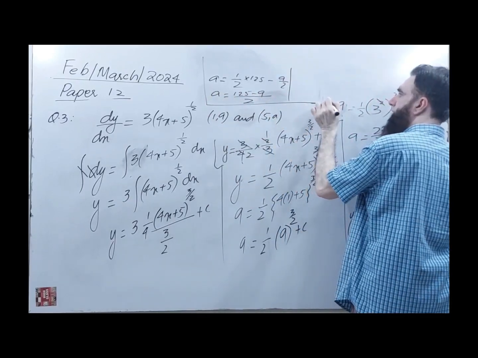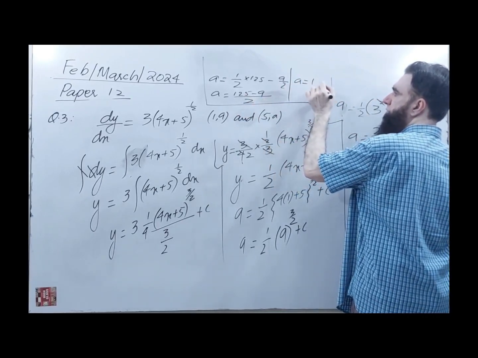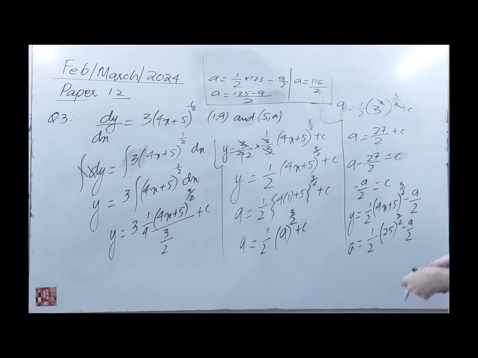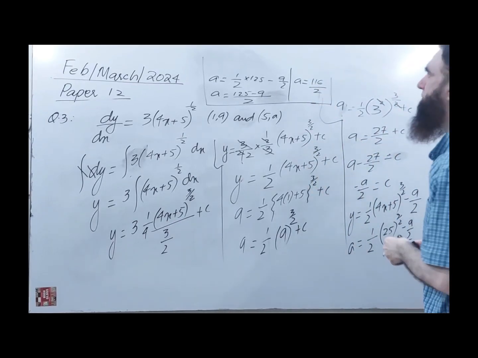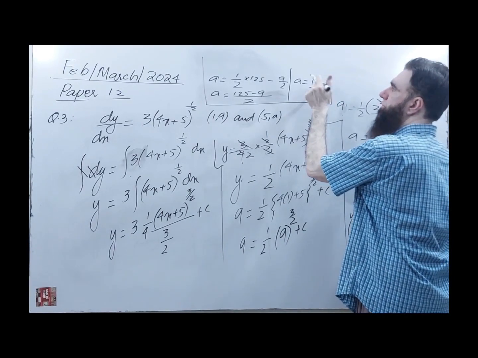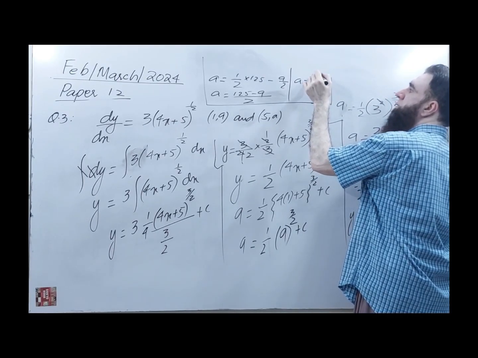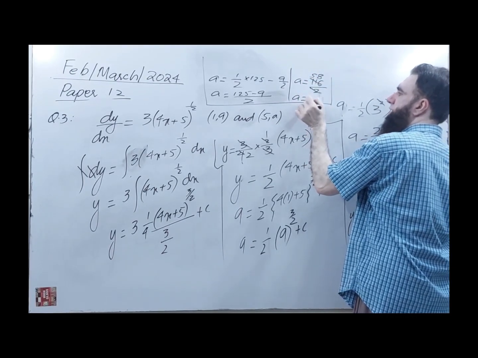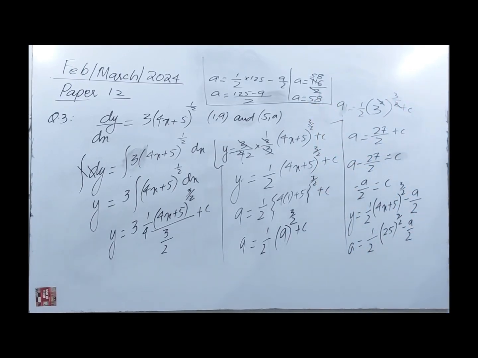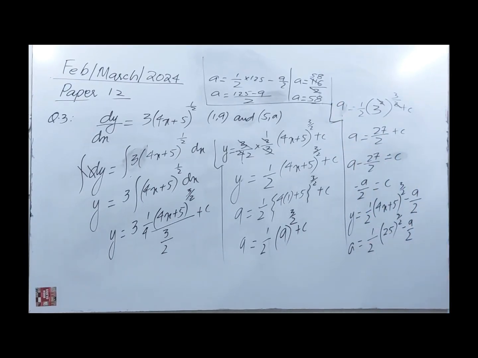So finally, a is 116 upon 2. 2 5s are 10, 2 8s are 16. So a is 58. This should be your answer. A equals 58. I hope this is obvious.